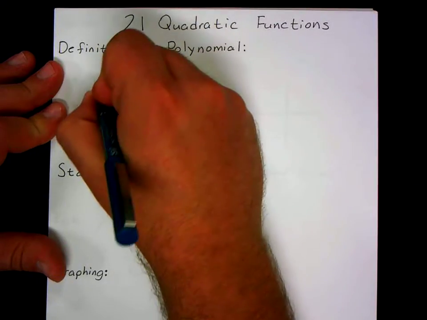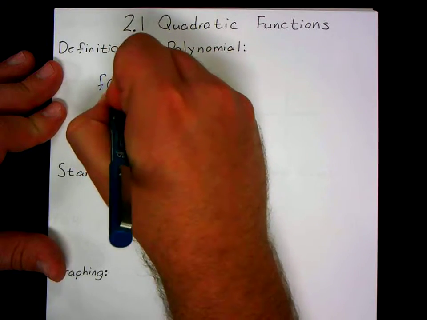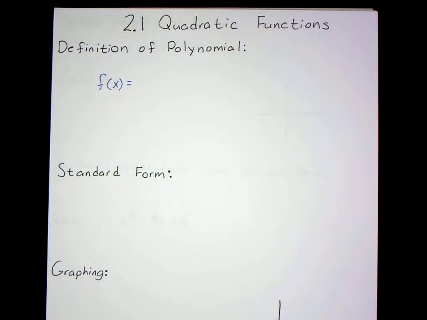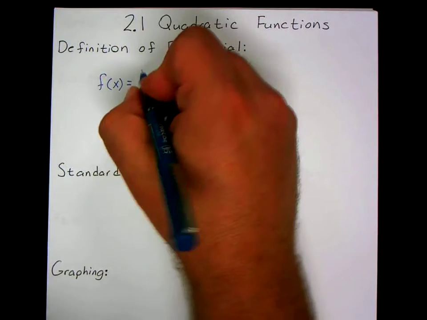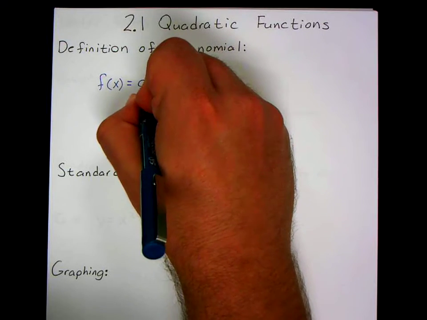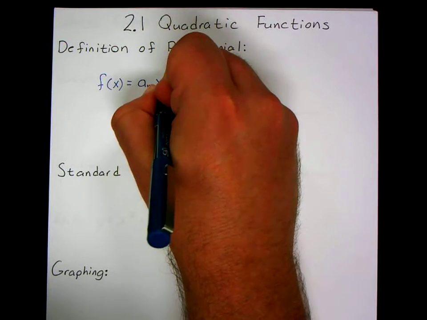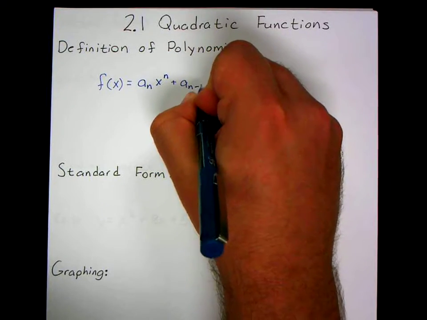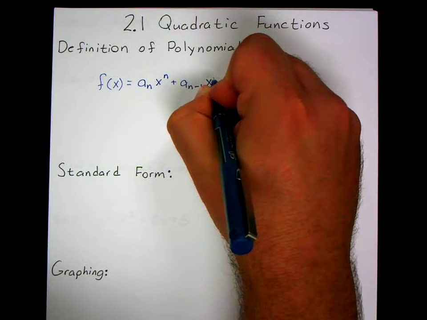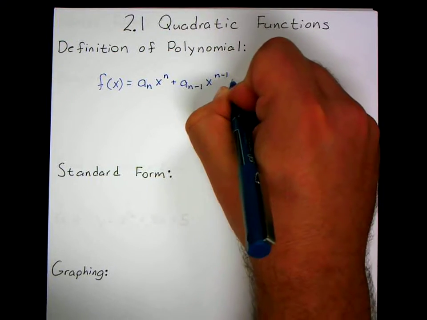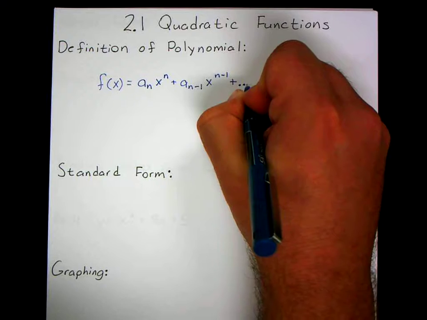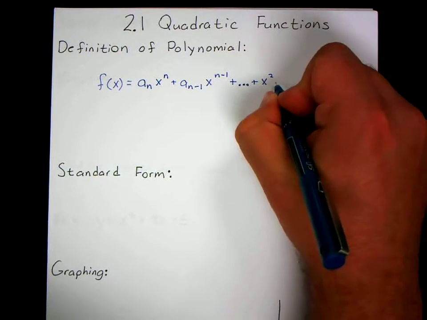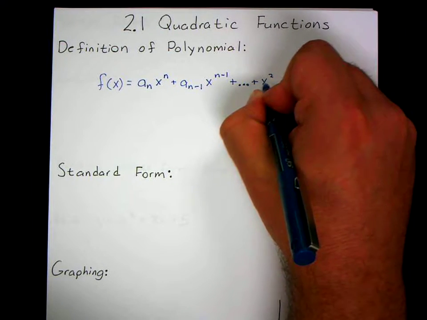I'm not going to expect you to come up with this yourself, but I want you to see this. This is what the general definition of a polynomial looks like. Oops, I messed that up.